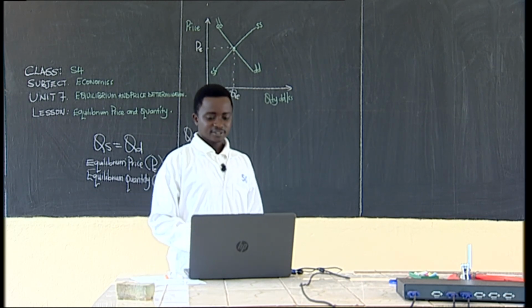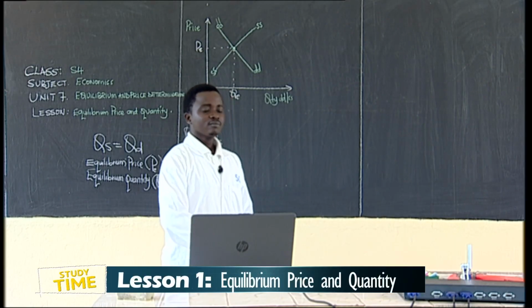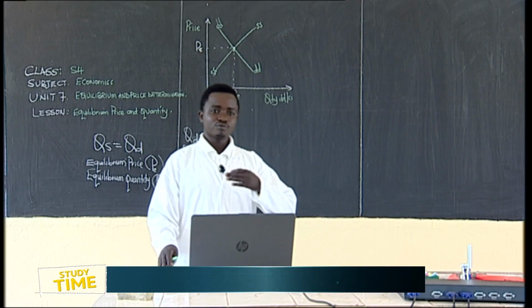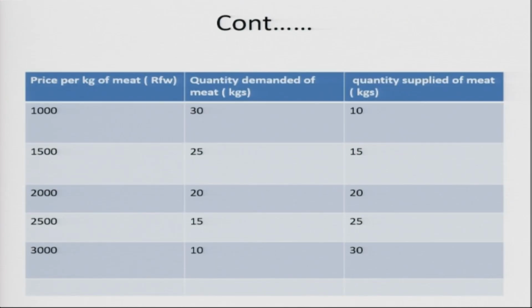So now, let's see how we can use that information that we have, then we plot and determine the two, equilibrium price and equilibrium quantity. We have that table where we have price per kilogram of meat, quantity demanded of meat, then quantity supplied of meat. So we have to illustrate it, and we see if we can attain that.